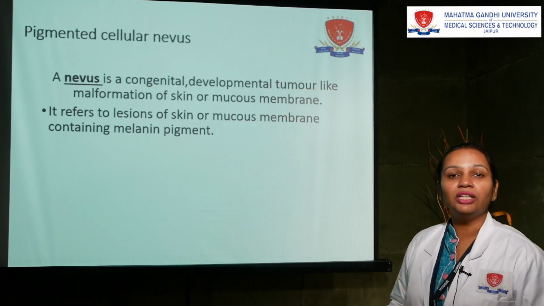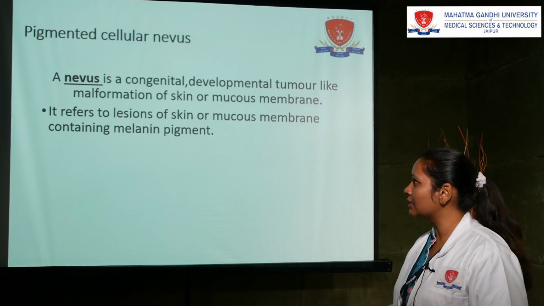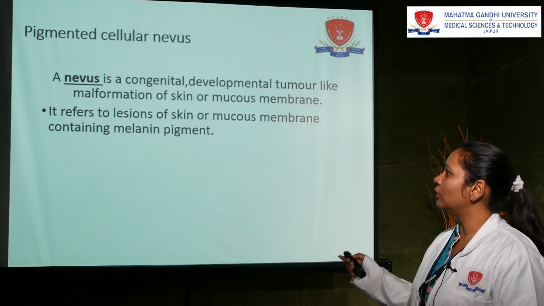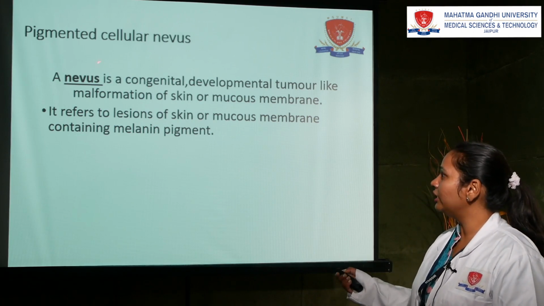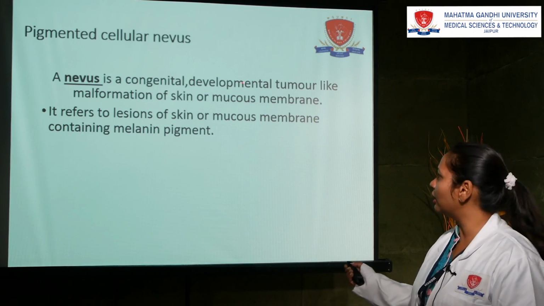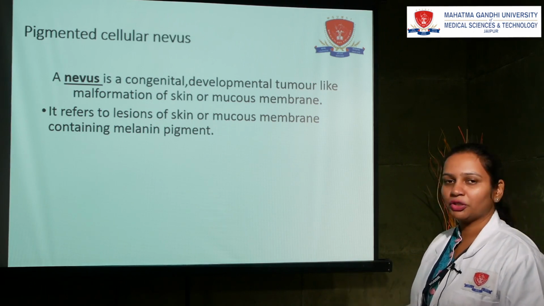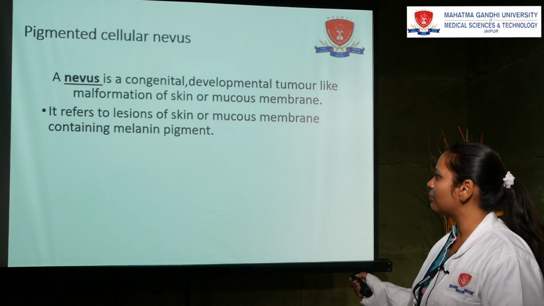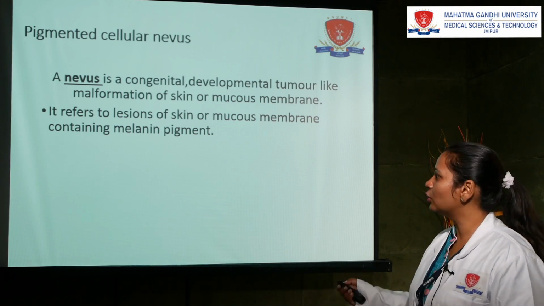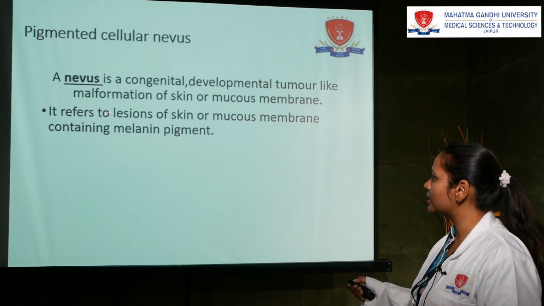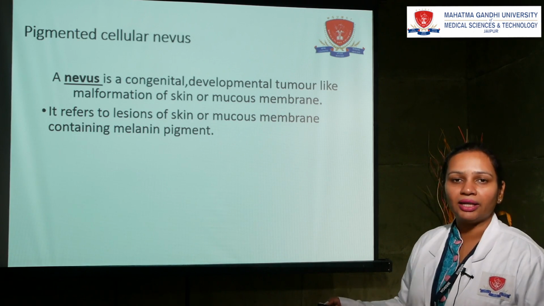Now coming to nevus. The third lesion is nevus, the pigmented cellular nevus. A nevus is a congenital developmental tumor-like malformation of skin or mucous membrane. It refers to lesions of skin or mucous membrane containing melanin pigment.